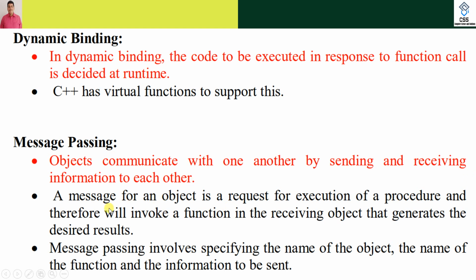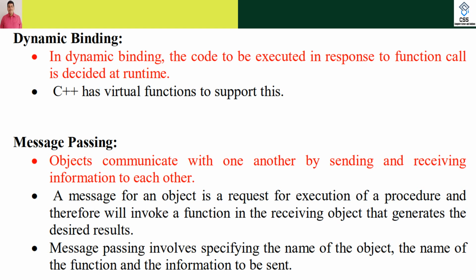A message for an object is a request for execution of a function that will run a function of the receiving object and generate the desired result. Message passing involves specifying the name of the object, the name of the function, and the information to be sent. An object can pass a value to a function, and by the help of the function you can return the value. That facility is known as the message passing mechanism.